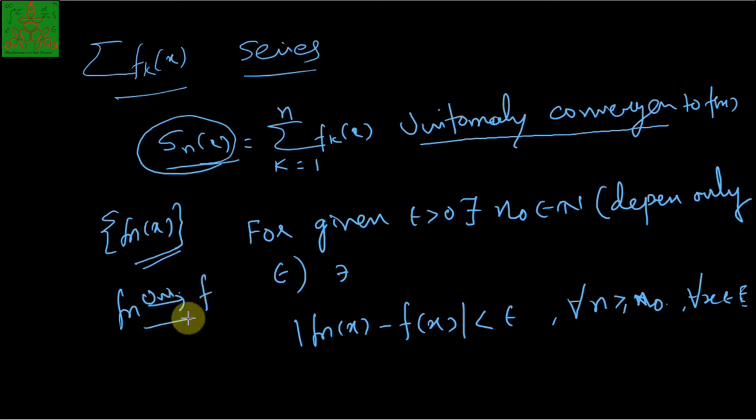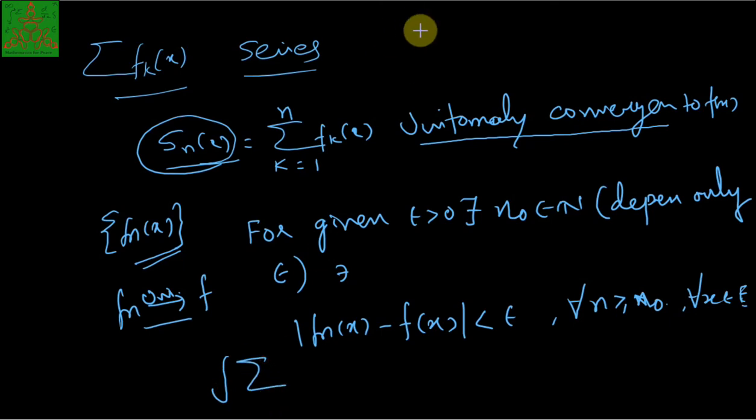So this is the definition of uniform convergence. You are going to discuss uniform convergence in the next semester, but for now just see this definition. Now what is the advantage of uniform convergence? The advantage is that you can interchange the integration and the summation sign.